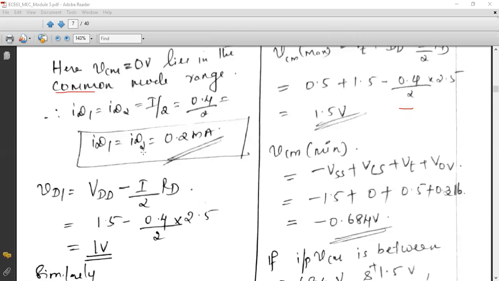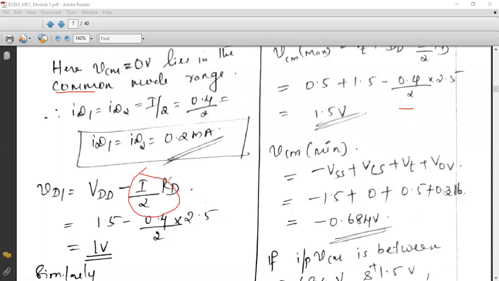And based upon this, let us find what is VD1 and VD2. In yesterday's class, we got the equation for VD1, right? What is VD1? It is nothing but the supply voltage minus the drop across RD. Please make sure that the drop across RD is current into RD, that is I by 2 into RD. It is not I into RD.